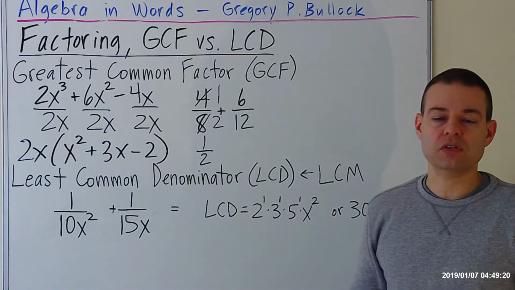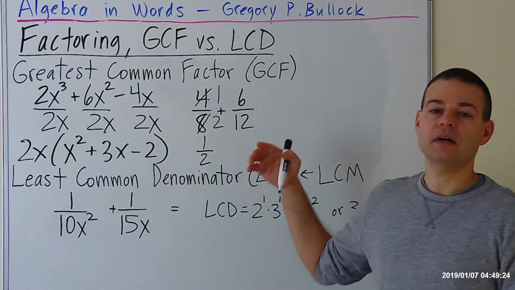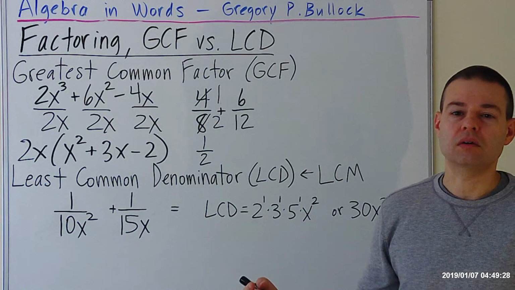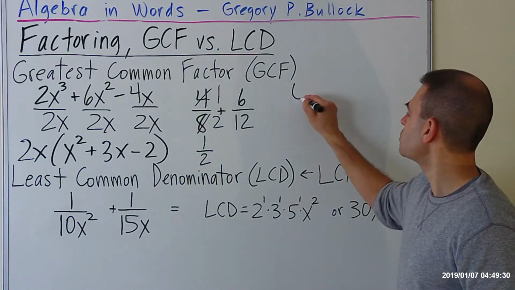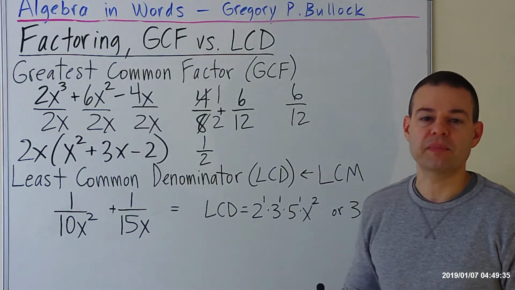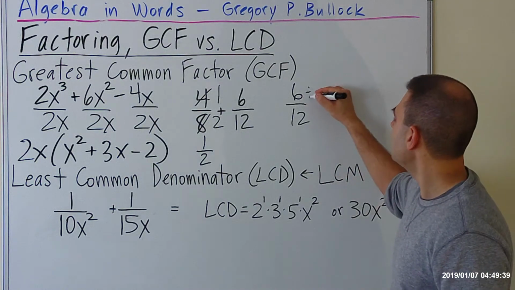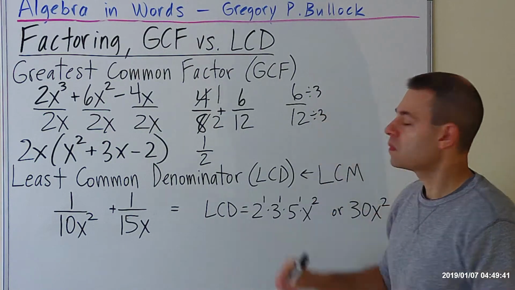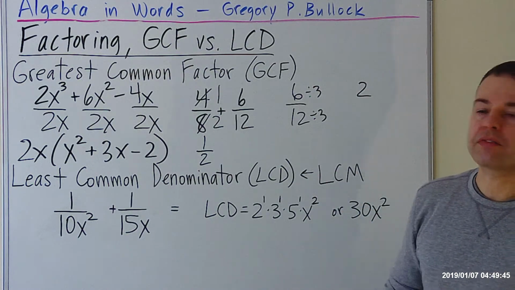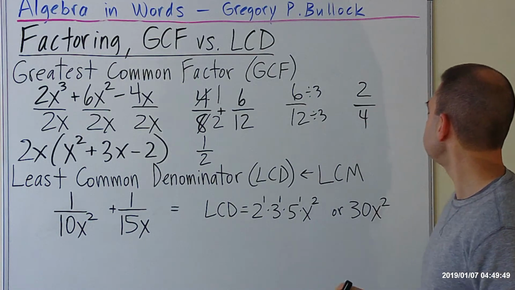Now, a question students sometimes ask is, is it wrong if you divide a fraction by its common factor but not the greatest? It's not wrong, but let's take a quick look. Let's look at 6 over 12. Okay, what is a common factor but not the greatest common factor? Let's say 3. So we can divide 6 by 3 and get 2, and 12 by 3 to get 4.